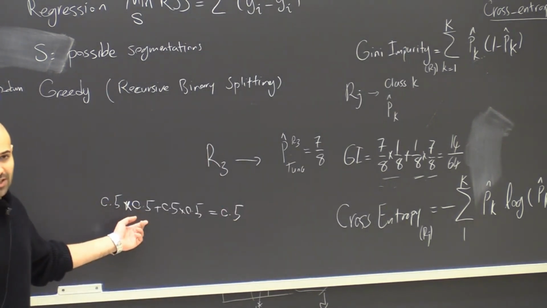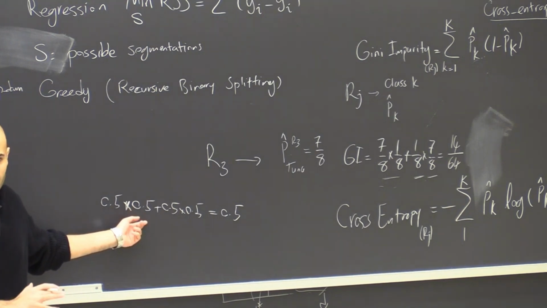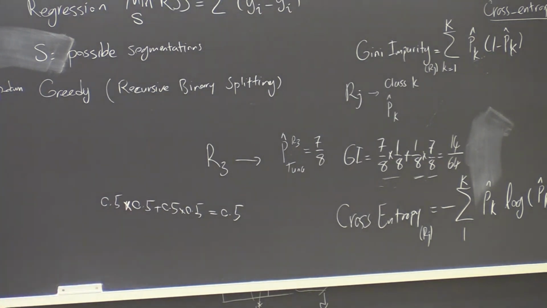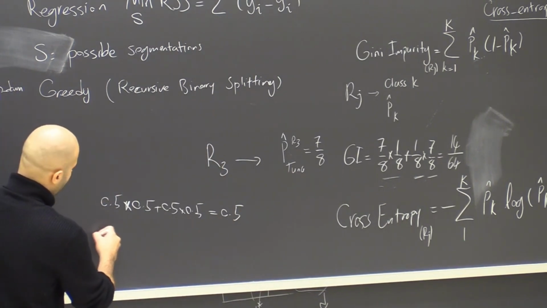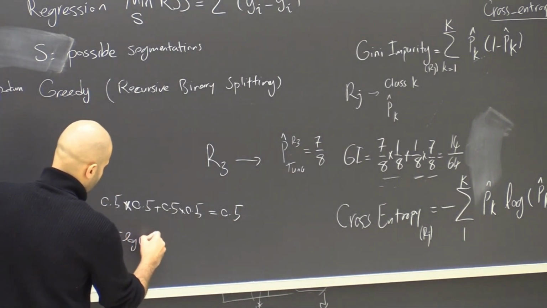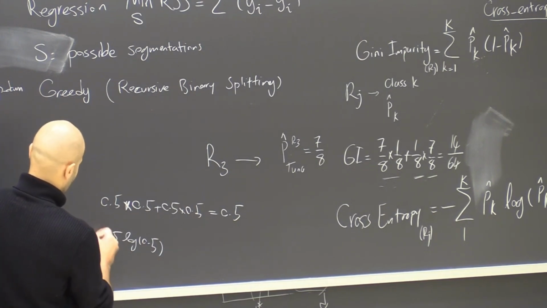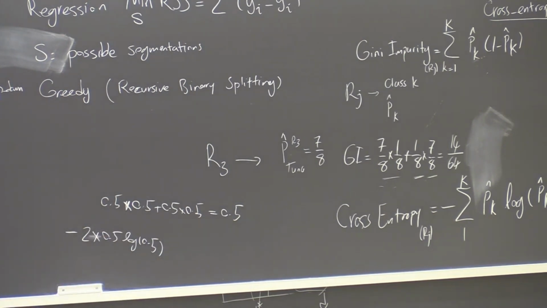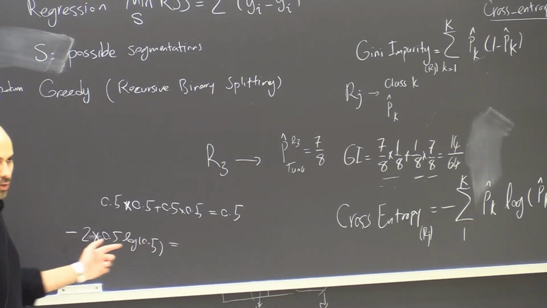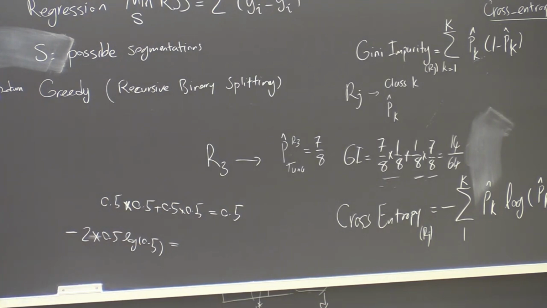So this is a region which is just worse for the sake of prediction. And cross entropy in such a situation would be minus half times log of half, times 2. This is negative, right? So the total will also be some positive number.